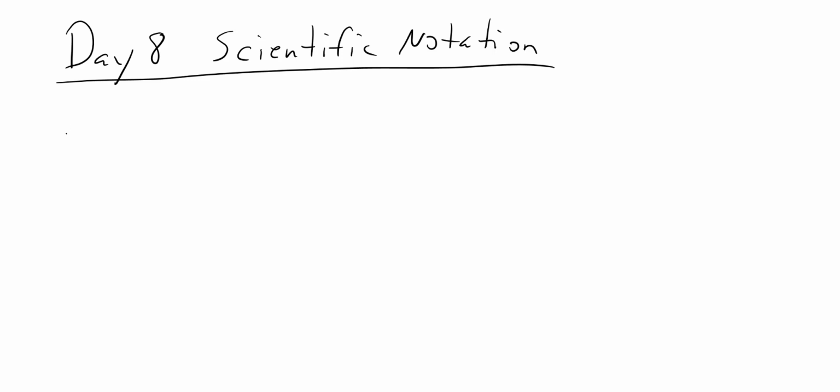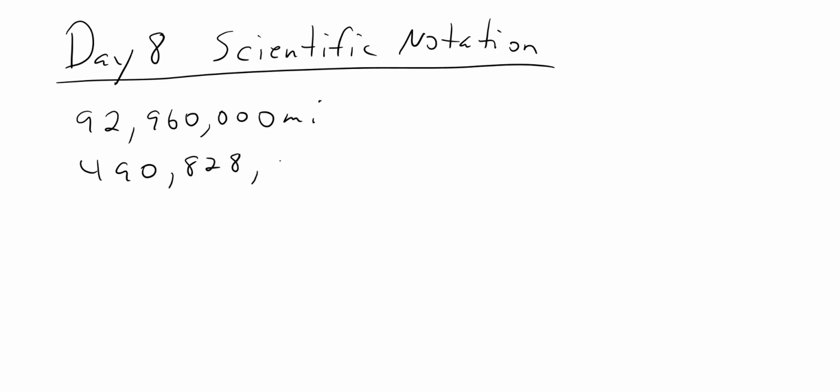The distance from the Sun to the Earth is 92,960,000 miles. If I say that in feet, it's 490 billion, 828,800,000 feet.